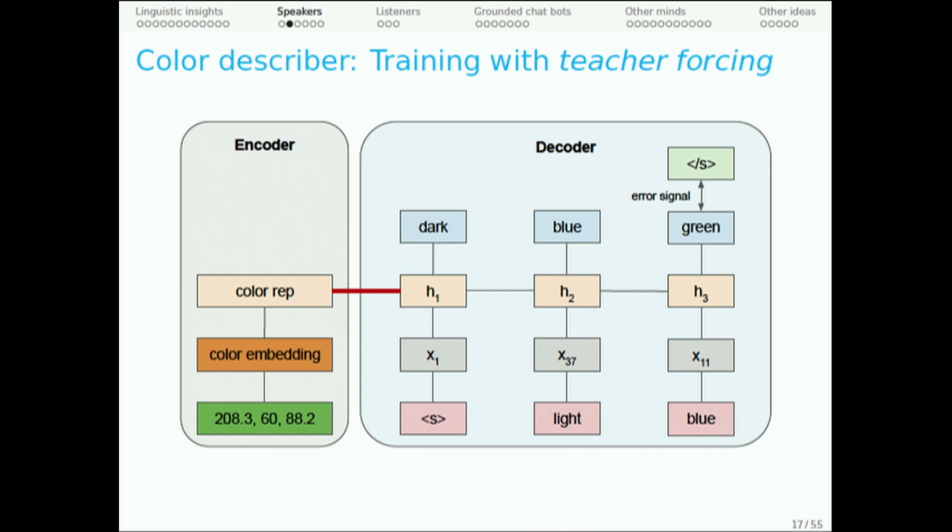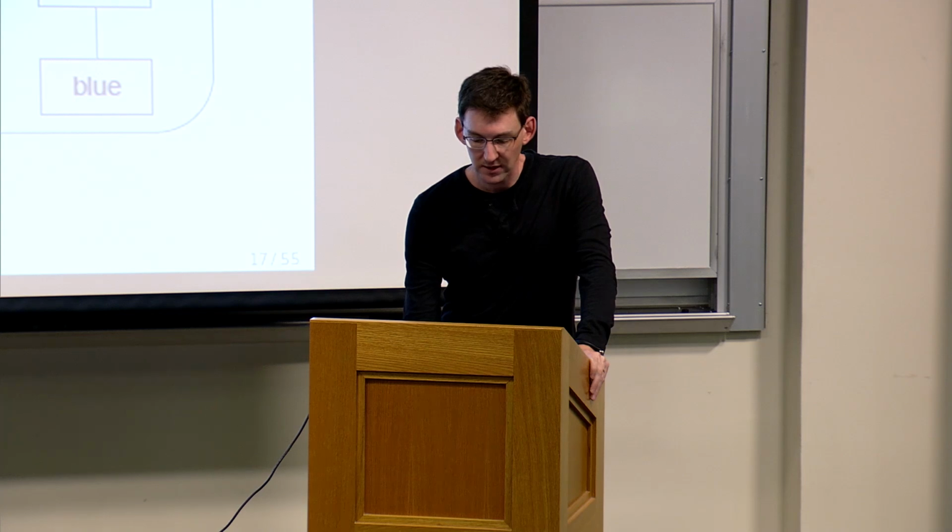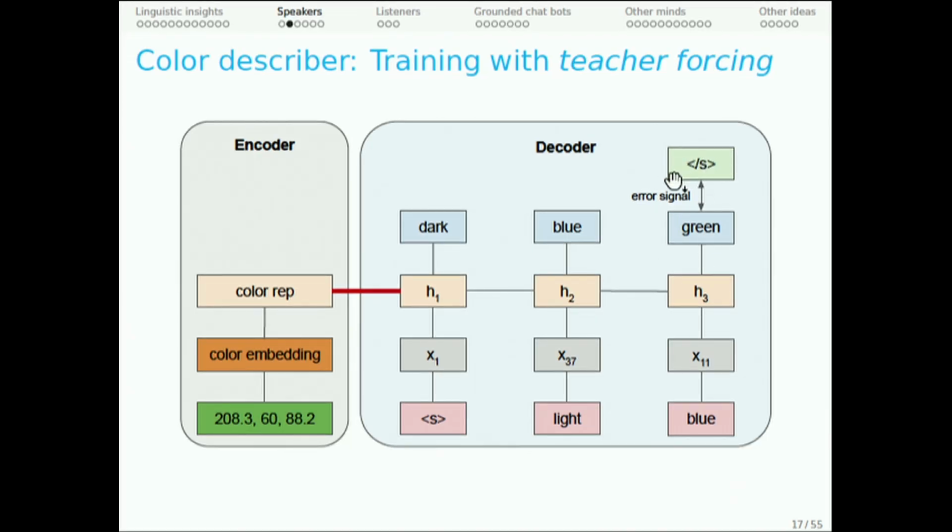That makes sense? This is a generalization of our model for NLI, right? What we did for NLI was just look at the final output state. That's where we get our label. Here it's like we get a label at every turn. And then the other twist, which might take some getting used to, is this teacher forcing idea, so that even though we made a wrong prediction here, we insert the correct prediction down here.